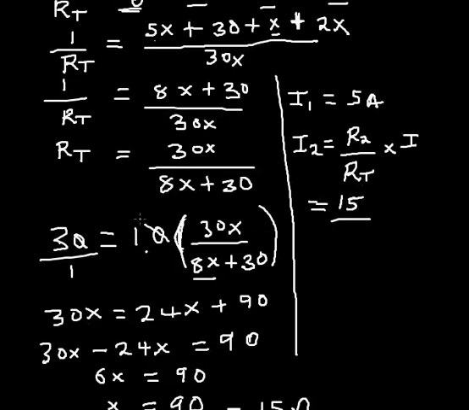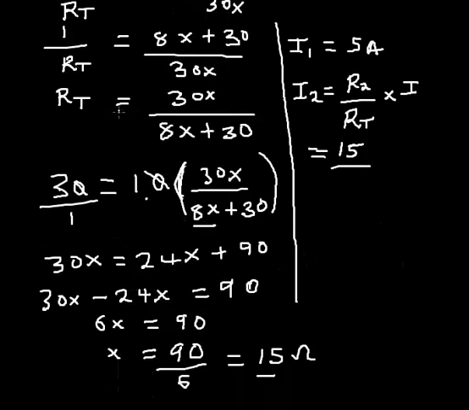And our total resistance, what was our total resistance? Okay, let's evaluate our total resistance. If we put the value of 15 into this, my total resistance is going to be equal to 30 times 15, divided by 8 times 15 plus 30.